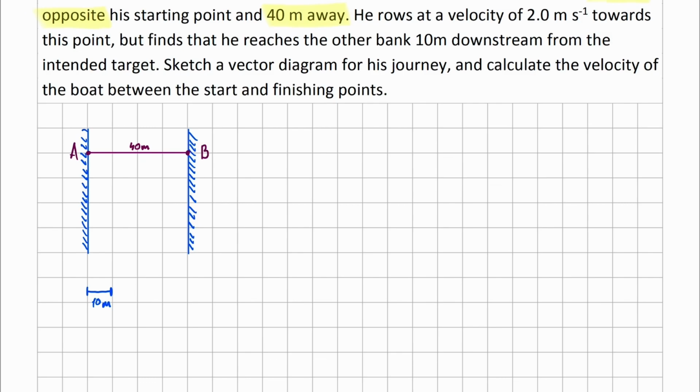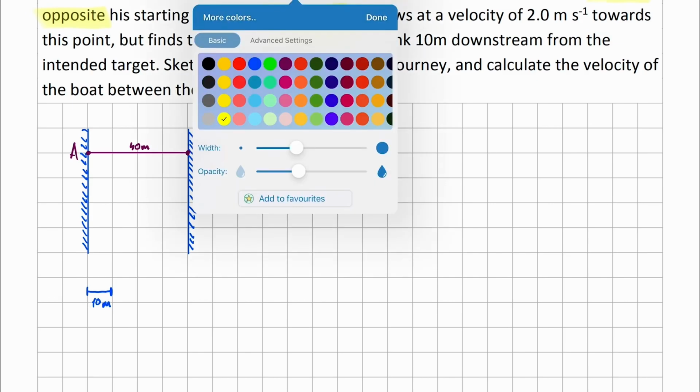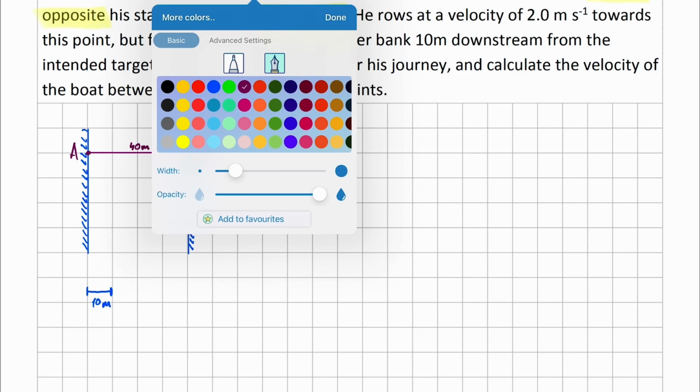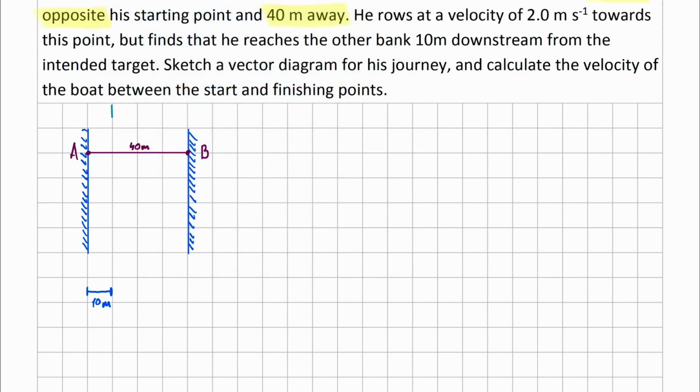So towards this point, but he finds that he reaches the other bank 10 meters downstream from the intended target. Okay, so we need to state where the stream is going. For that, I will choose another color. This will be the vector that will symbolize the direction of the stream. V stream.